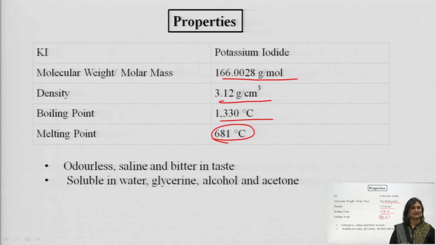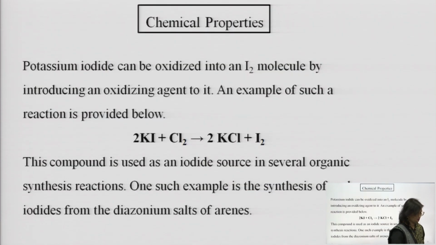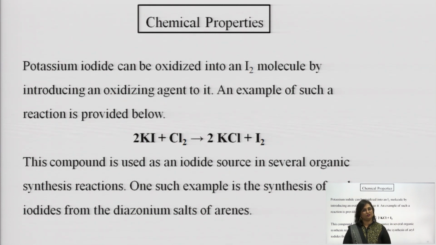Soluble in water, glycerine, alcohol and acetone. If we look into the chemical properties, potassium iodide can be oxidized into an iodine molecule by introducing an oxidizing agent.